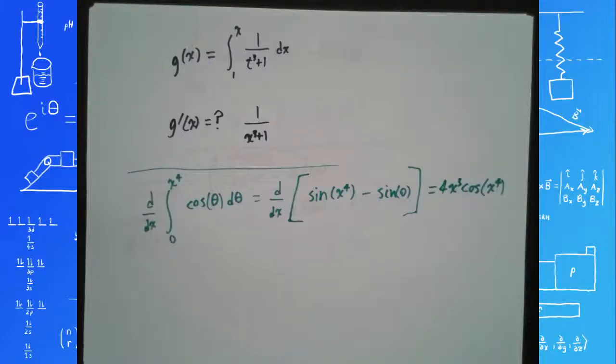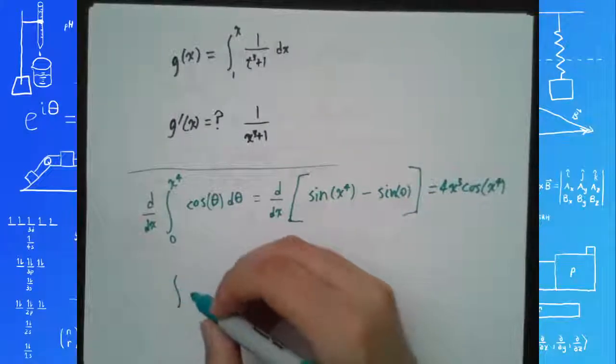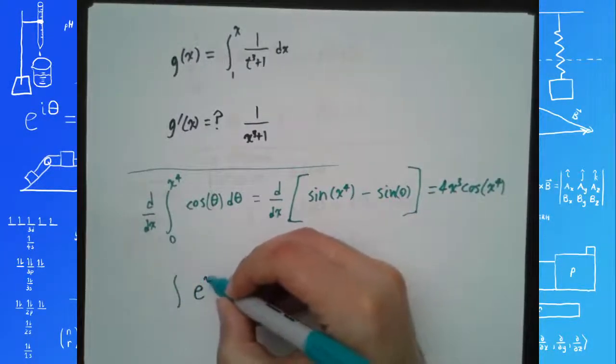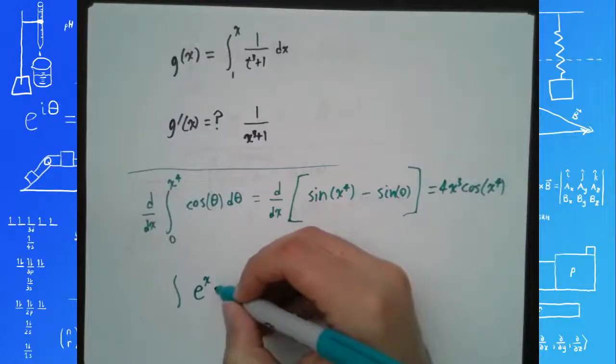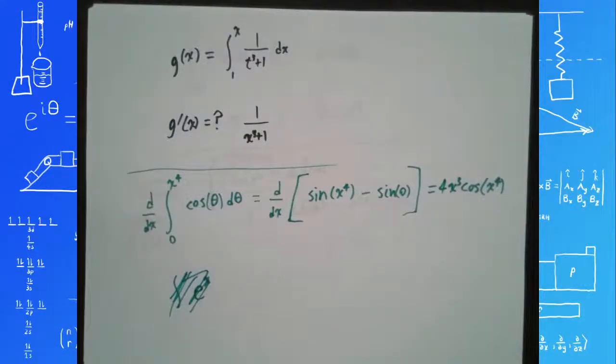What about when the top and bottom bounds are functions of x? Let's pick one from here. Don't see any good ones here. How about we do e to the x? No, let's call it e to the u.